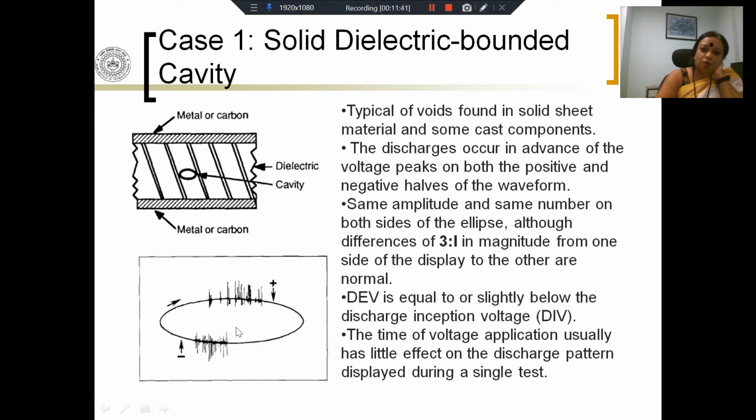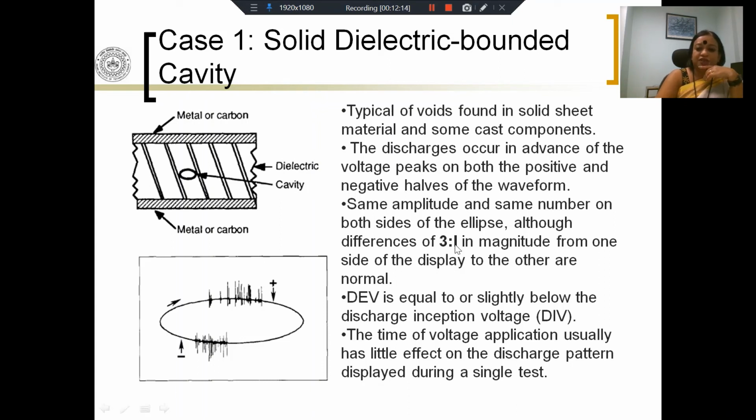The discharges occur in advance of the voltage peaks on both the positive and the negative half cycles, and they have more or less the same amplitude on both sides of the ellipse. They have the same amplitudes and the same numbers, so you will have as many pulses on either side.